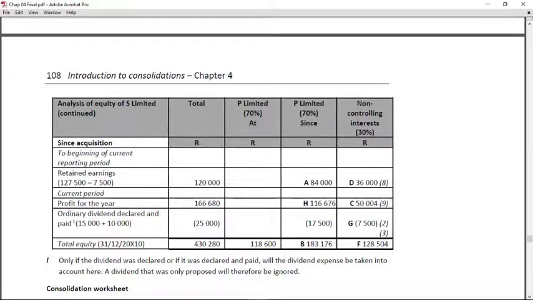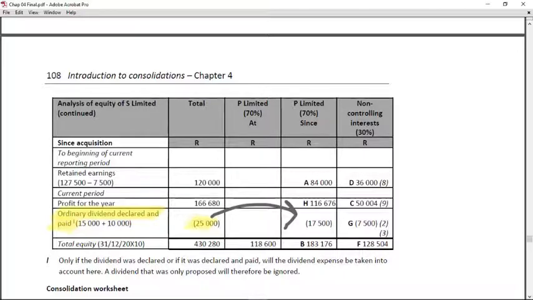Now, something you haven't seen in the analysis before is the dividend. Remember, the dividend is part of the equity movement of the subsidiary, so it belongs in the analysis of equity. It's part of the movement. It's a negative movement. For the portion attributable to the parent, we have written that elimination journal entry for the dividend income, and then journal 2 and 3 led to a debit to NCI.